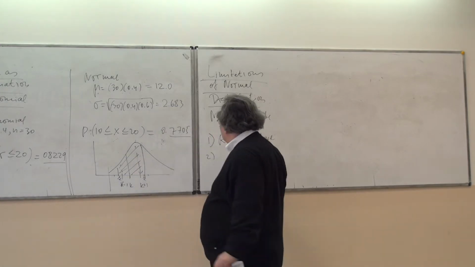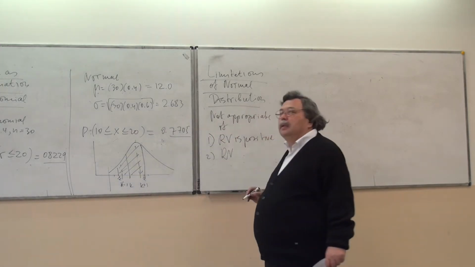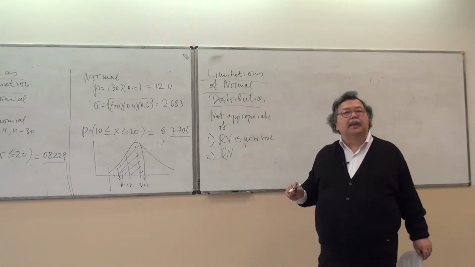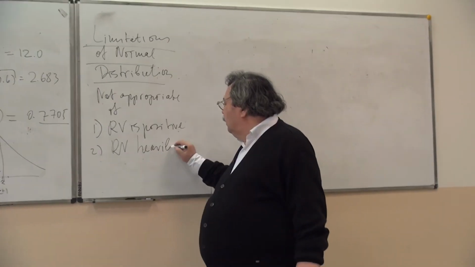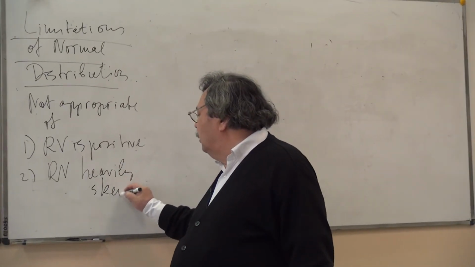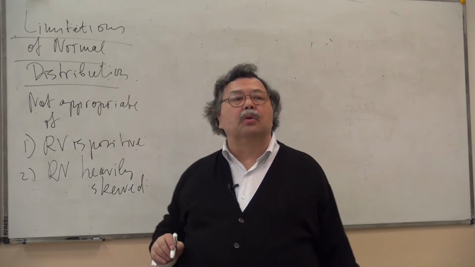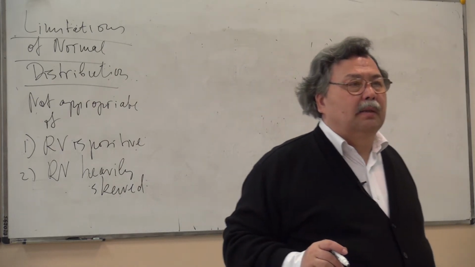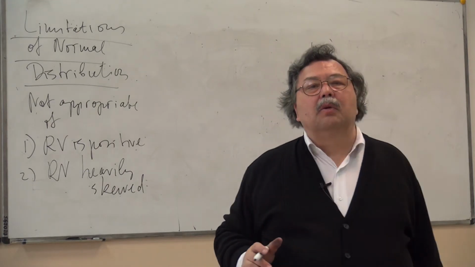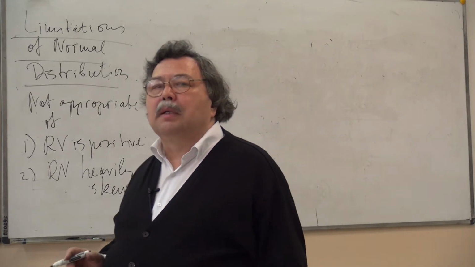And second, the random variable that you study can be heavily skewed. What is skewed? Skewed means non-symmetric. The normal distribution is essentially symmetric.